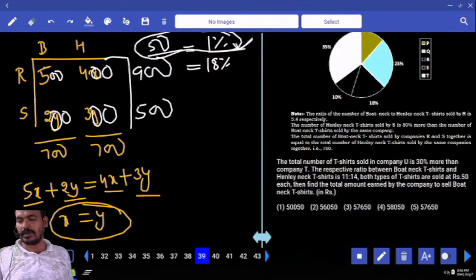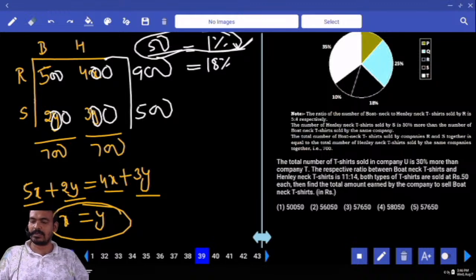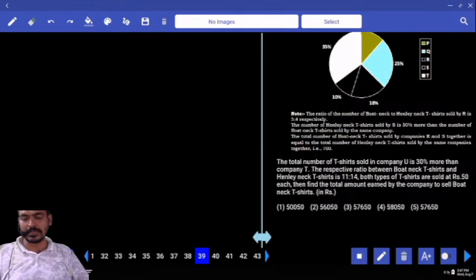Next, question number 39. The total number of t-shirts sold in company U is 30% more than company T. The ratio between the boat neck t-shirts and V-neck t-shirts is 11:14. Both types of t-shirts are sold at 50 rupees each. Find the total amount earned by the company to sell the boat neck t-shirts.